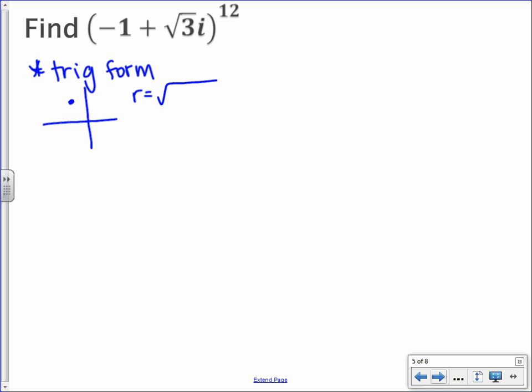What is our r value? Two. Why do I hear a calculator still? We don't need a calculator, because we have the tangent of theta is radical 3 over 1.